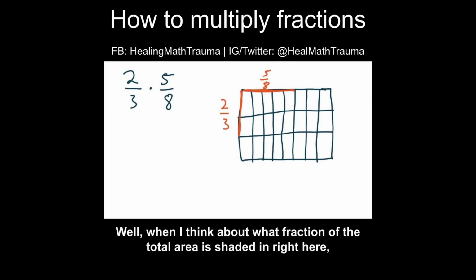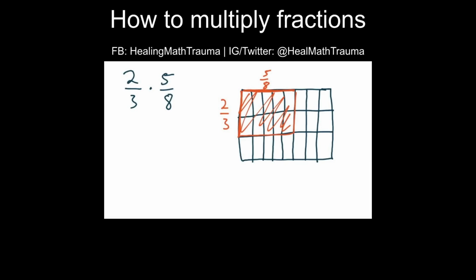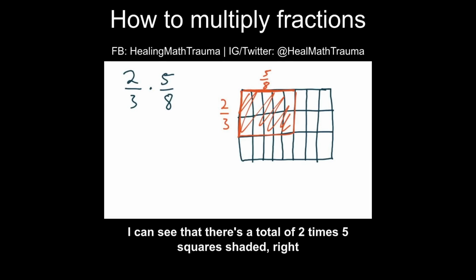Well, when I think about what fraction of the total area is shaded in right here, I can see that there's a total of 2 times 5 squares shaded, right?